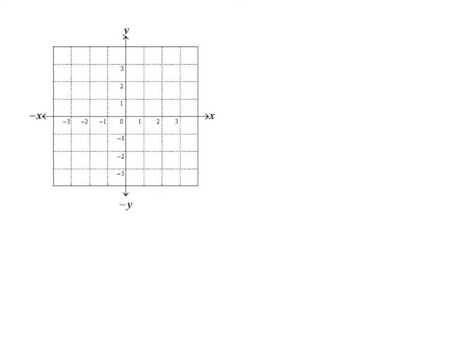All right, now we'll change it up. Let's take y equals negative 7 over 4x plus 3. And we're going to graph this line.